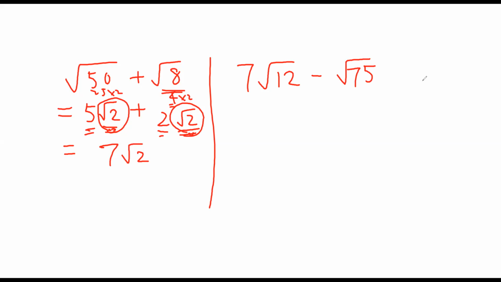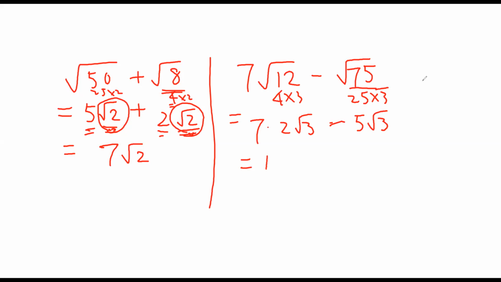See this one. This one is 4 times 3. This one can be 25 times 3, right? So it's still 7. This 4 taken out becomes 2 square root 3, right? And minus here becomes 5 square root 3, right? So here becomes 14. This part can be combined together, and 5 minus 3.